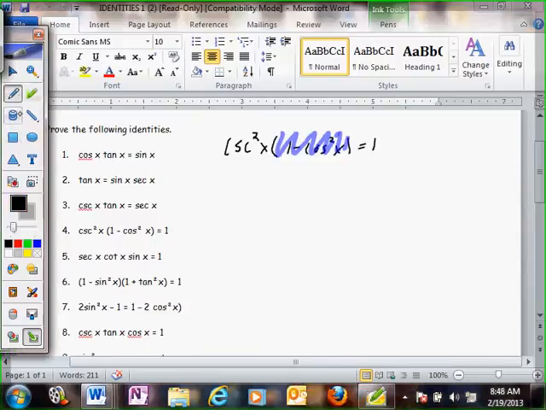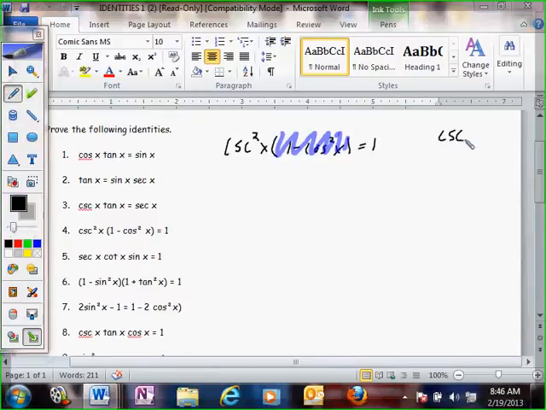It's something that you can infer. If you know that cosecant x, looking at your reciprocal identities, is equal to 1 over sine x, and that's the very first reciprocal identity, then cosecant squared x is equal to 1 over sine squared x.